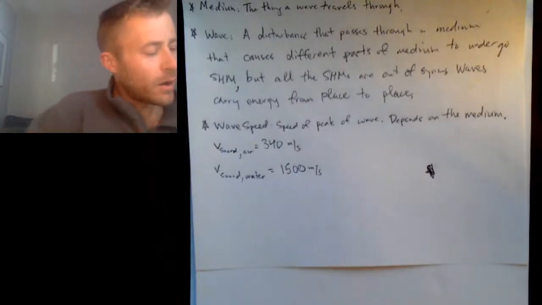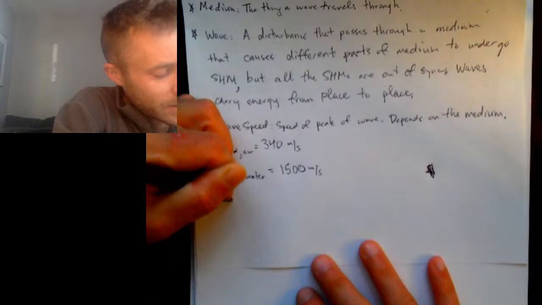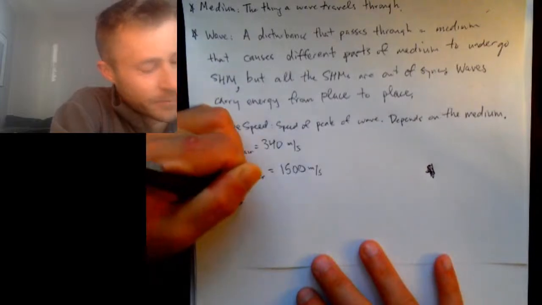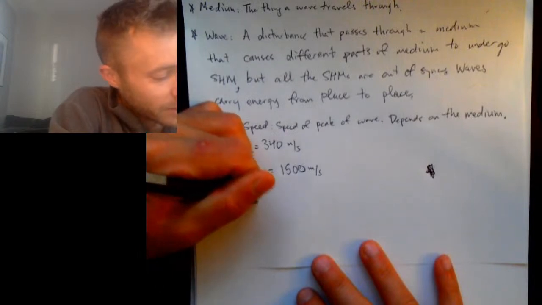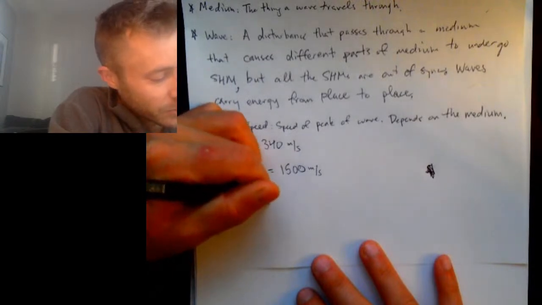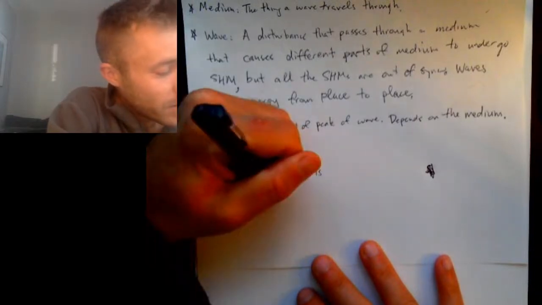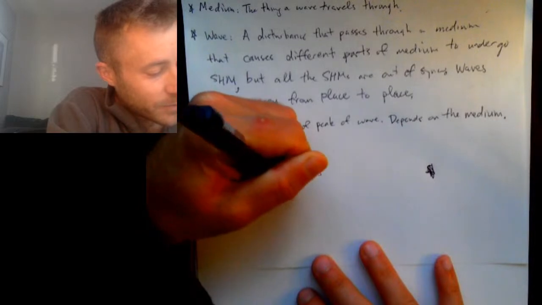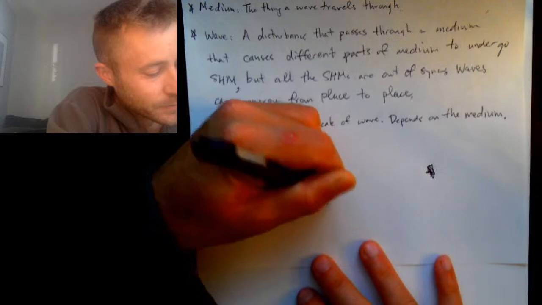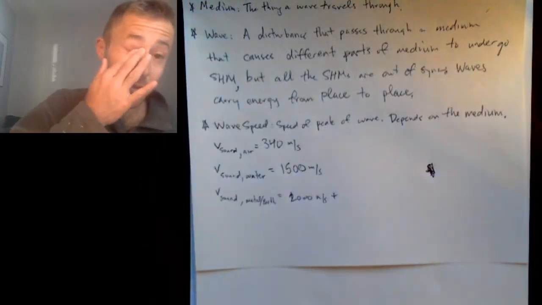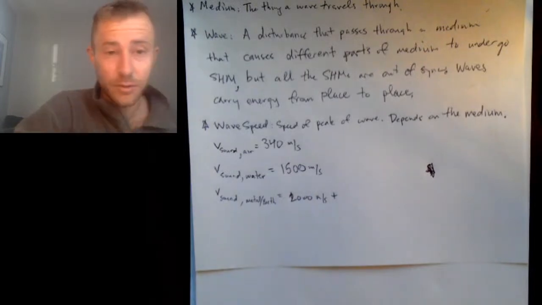The speed of sound through metal or earth is even higher, since those are stiffer than water. It's going to be 2,000 meters per second plus, and that depends on the properties of the earth, so I can't give you a specific number.